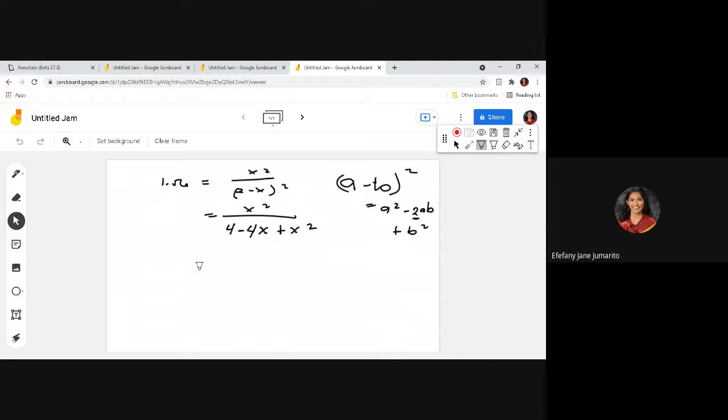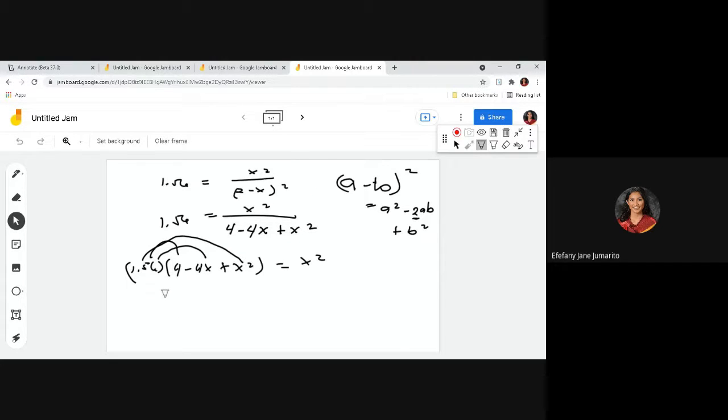Okay, now that is 1.56. Let's turn it into one line, like a factor. So that will become 1.56 times 4 minus 4x plus x squared is equal to x squared, right? Now we distribute.